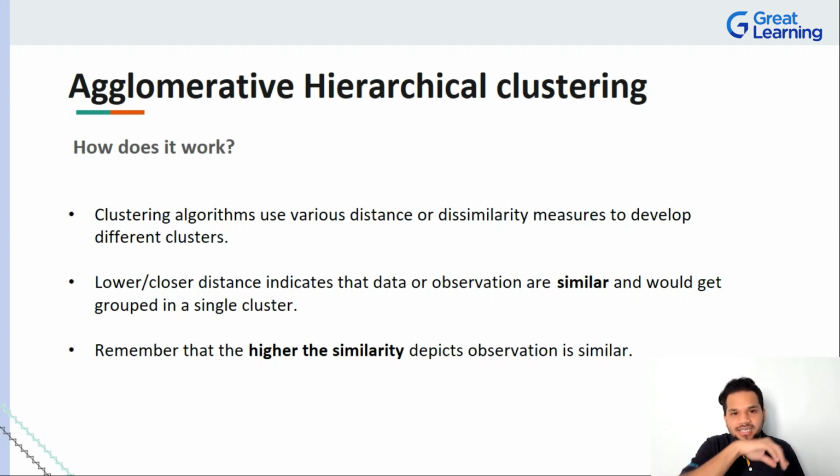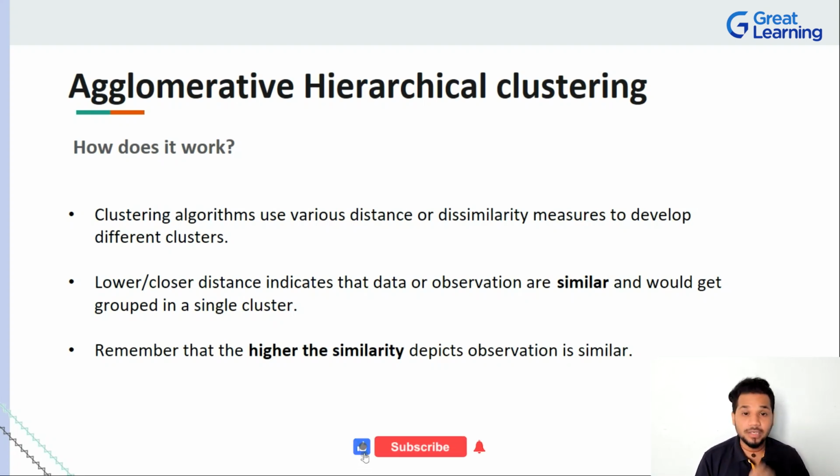Maybe if you're marking them on a timeline or anything, these 2 points can be very, very close to each other. Since they are very close by, let's just merge them into one. Once you do that, you can group all of that into one large cluster and we can go about with the process of hierarchical clustering.